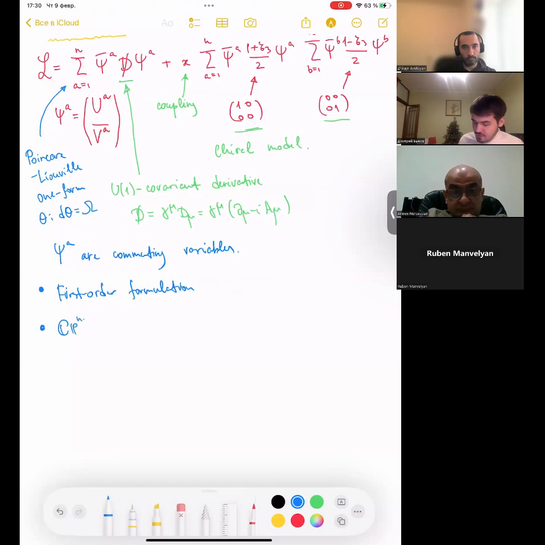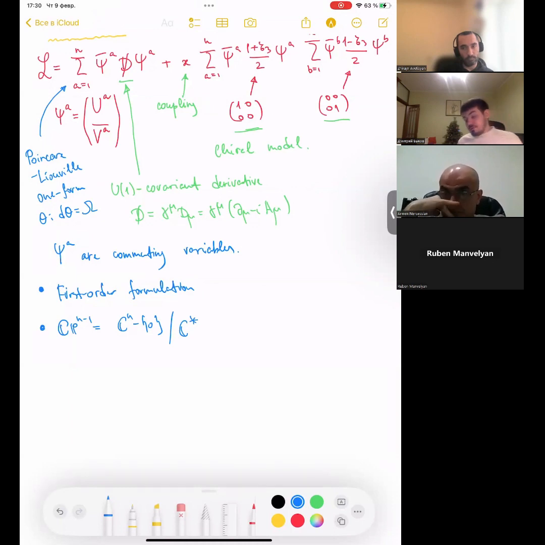You write CP^N as C^N minus 0 divided by C star. Roughly speaking, it is a Legendre transformation with respect to the Z variable. And for this reason, the complex structure is essential here. The fact that you have Z and Z bar allows you to perform this Legendre transformation directly with respect to the complex variable, right?